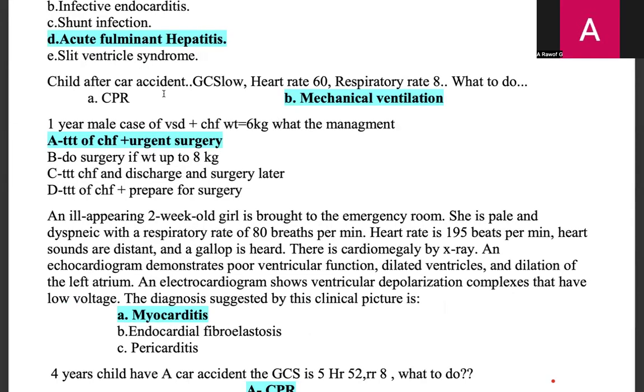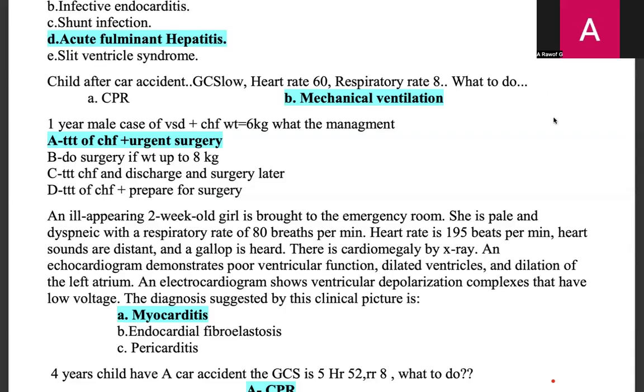Child after car accident, GCS low, heart rate 60, respiratory rate 8.